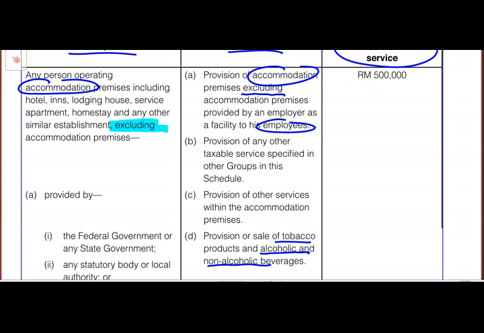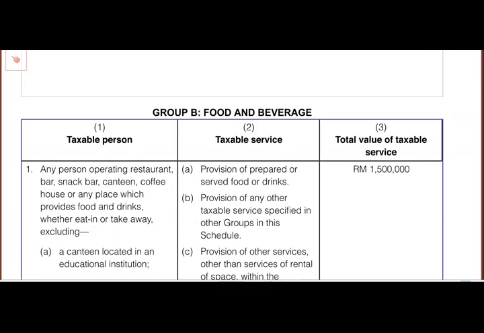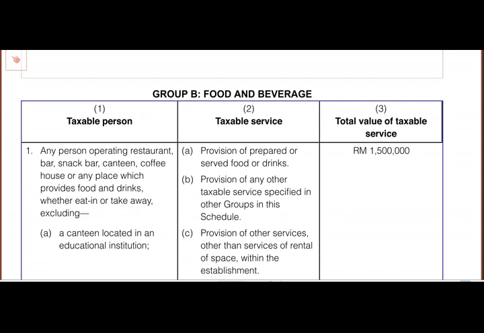But if any other thing is not there, then don't have. For example, if you say the sale of souvenir, and you find that it's not in the list, okay, then souvenir will not get taxed. But you say, what if my hotel provides massage? Then you got to see later, does massage fall into one of the groups of a taxable service? That we'll go on and see, okay? Okay, the first one is hotel. Next page. F&B.